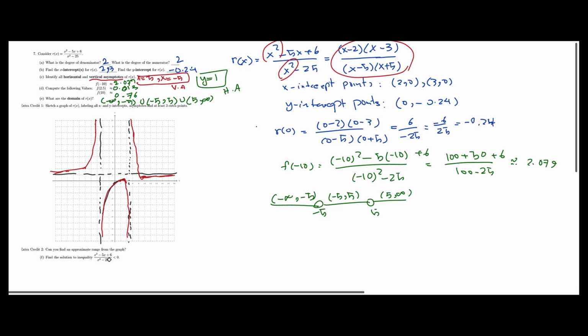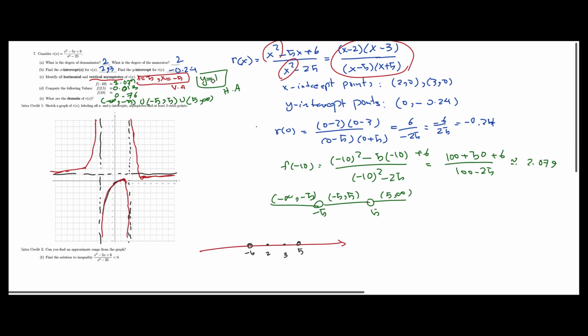Now, the last question, there could actually be a question before that, is asking me where this inequality is going to hold. And for that I'm going to use basically a number line, put -5 hole, 5 hole, and then 2 and 3.